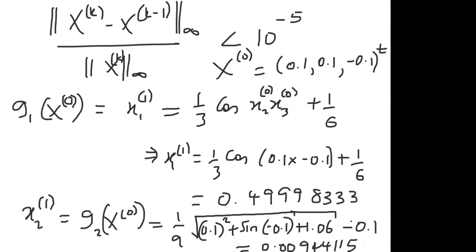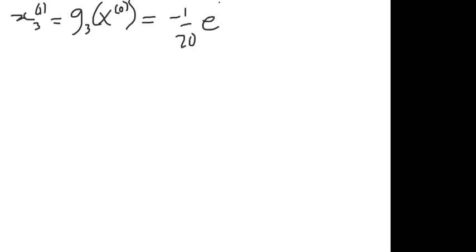Okay, and then we'll do the same thing to get x31. So x31 will just be equal to g3 x0. So this will just be equal to g3, which is given by negative 1 over 20, then e to the minus x1 x2. This will be x1 of 0 and x2 of 0. I'm just displaying what is on top there, so I'm unable to write something as a power of x1 and x2.